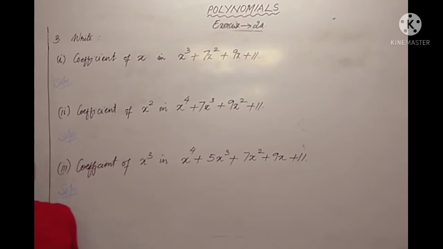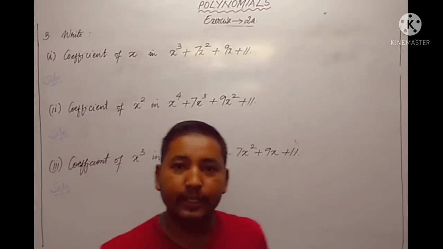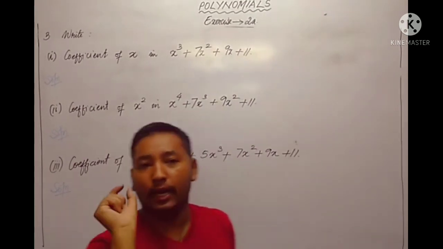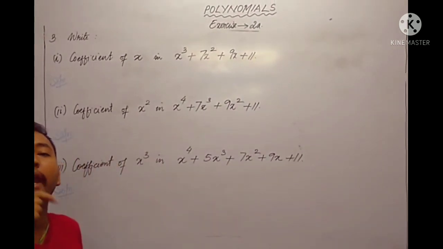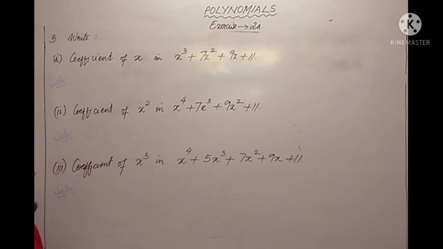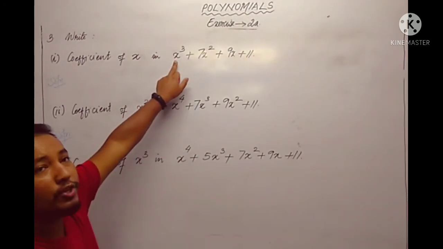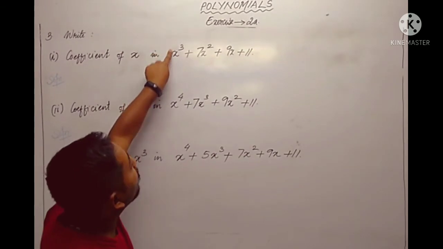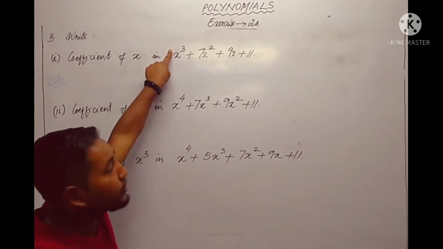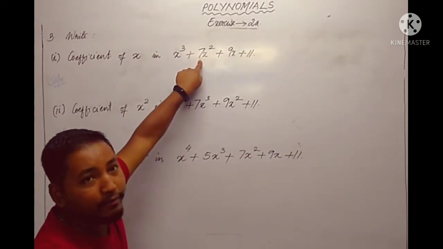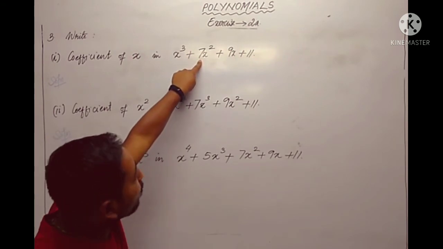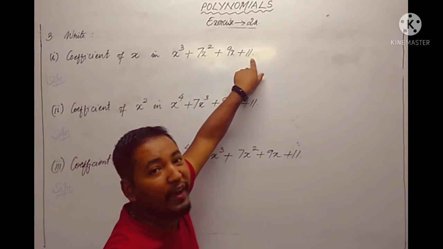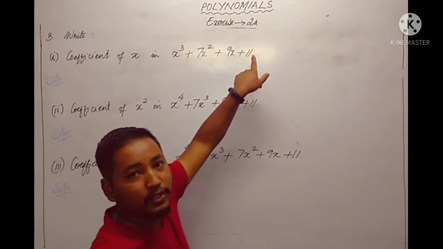Coefficient means the number which is in front of any variable. In this case, what is the coefficient of x cubed? 1. Nothing is written, it means 1 is there. What is the coefficient of x squared? 7. What is the coefficient of x? 9. Since there is no variable, 11 is a constant.